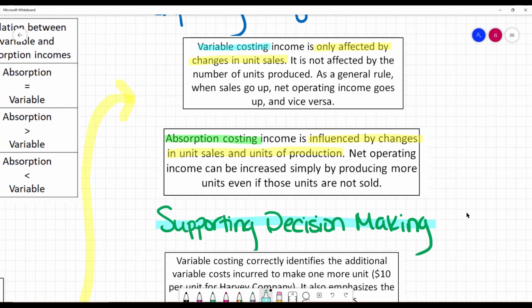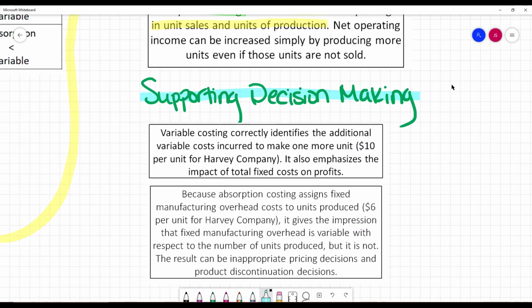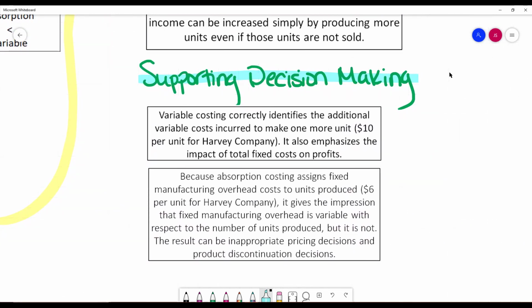And then finally, the last note for this video, supporting decision making. Remember, absorption costing is necessary for external reporting, but variable costing is very useful for managers, for internal purposes. So if we have to use absorption costing, why would we even keep separate books to use variable costing?